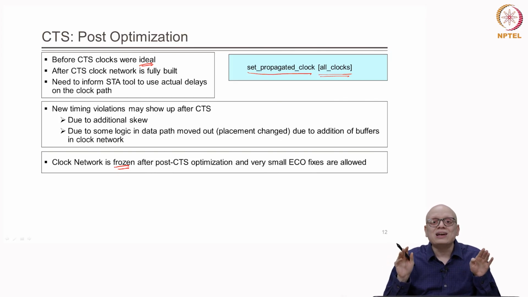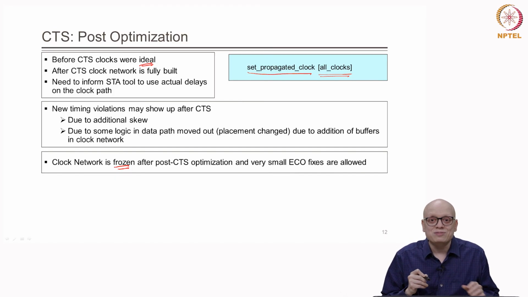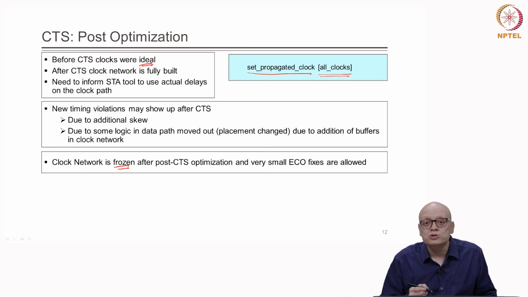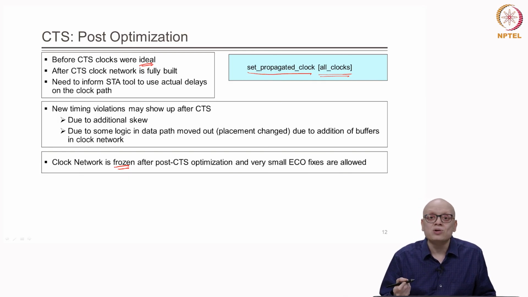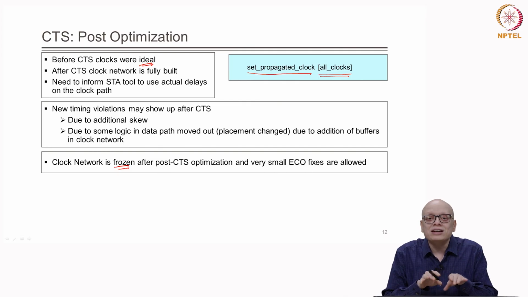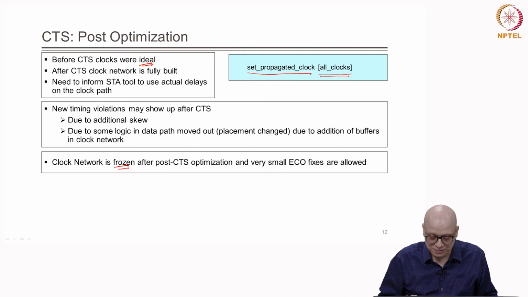Then we do not allow any change on the clock network unless it is a very important change. Without it we cannot move ahead, and those changes are very well controlled and are introduced in our design using ECO, or engineering change order. Otherwise, after CTS is done, our clock network is completely built and it is frozen.